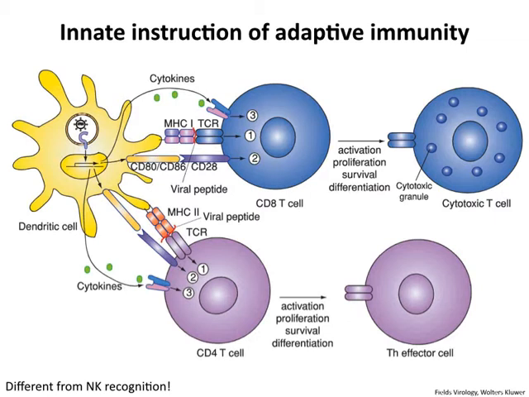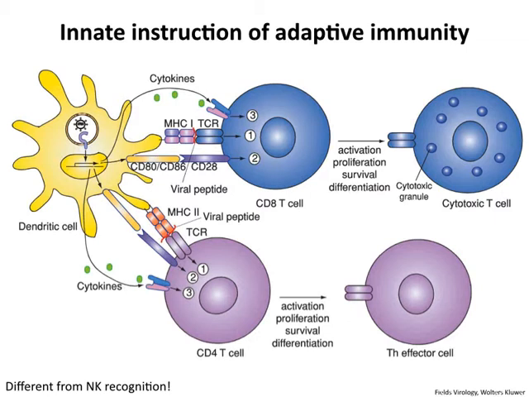Doesn't matter. And this has been sensed, and it's turned on a number of cytokine genes. What's also happened in this cell, and we'll see this in more detail in a moment, the viral proteins have been processed and displayed on the surface of cell surface proteins called major histocompatibility complex proteins, or MHC.